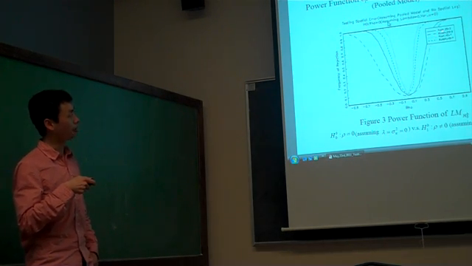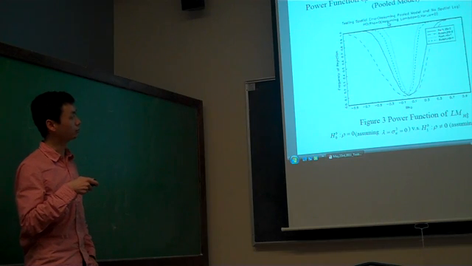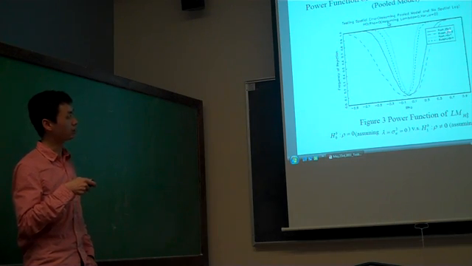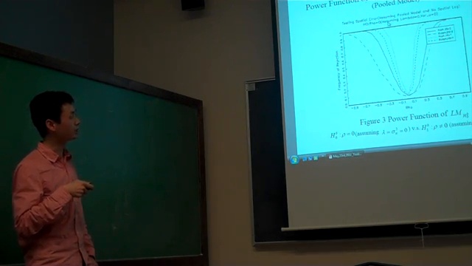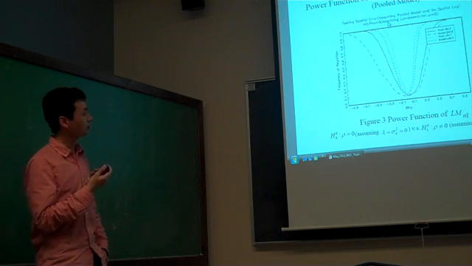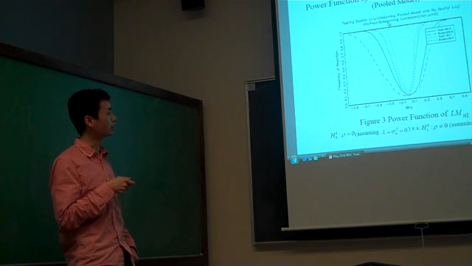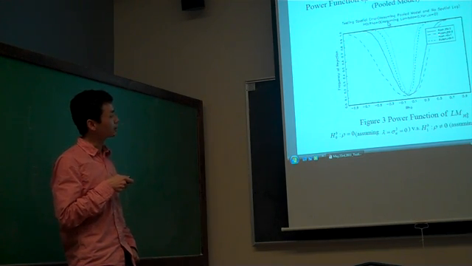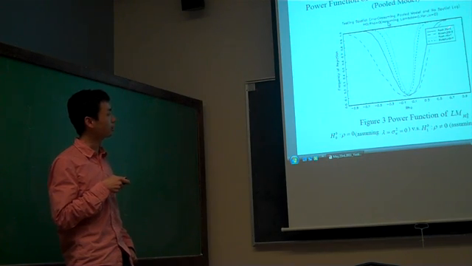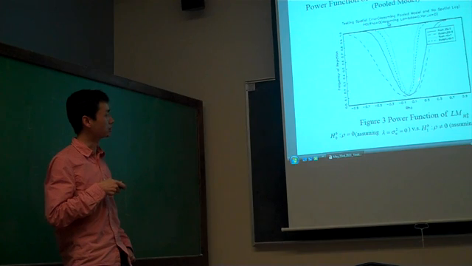Here I plotted the red case as well as the green case for the two samples. As we can see, the power function increases more rapidly when the sample size increases. For example, for the 25 times 3 sample, the power function is the solid line.